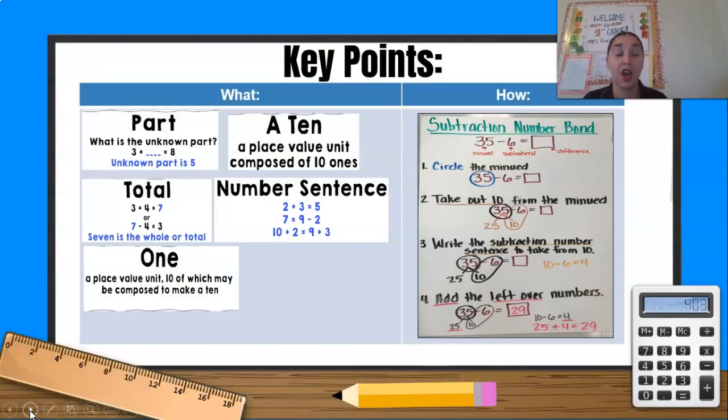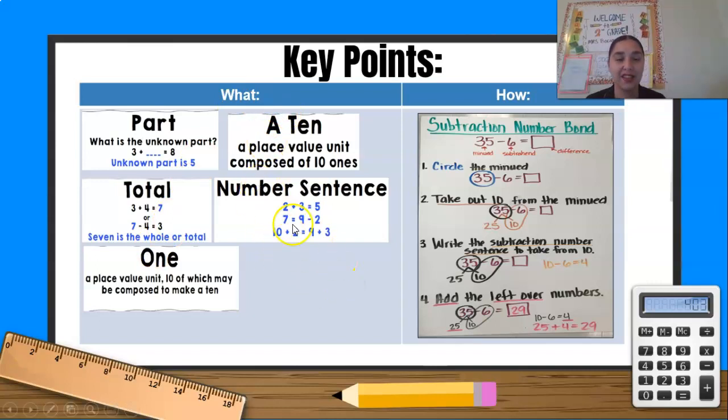Great job. Now, let's talk about the key points. We've been talking about a part. Remember, a part and a part make a whole or make a total. We've been talking about 1, and remember, 1 is a place unit value. 10 is also a place unit value.